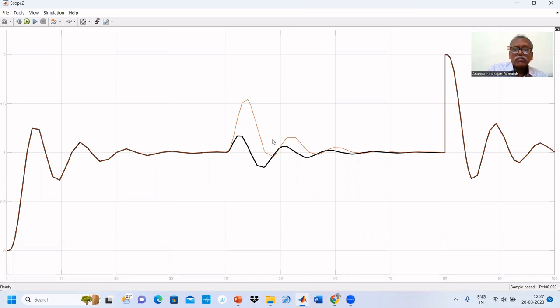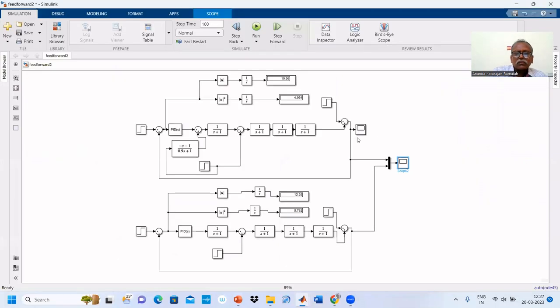So even if it is 0.9 in the denominator, it works. It gives better dynamics that we can notice. That's all about feed forward.